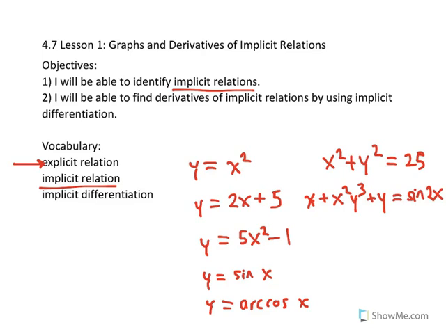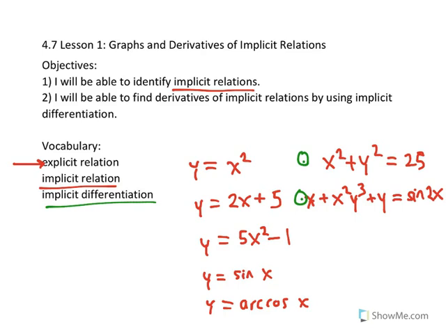So the question is, if you have an implicit relation, such as the two that we just wrote, and you want to find dy/dx, the derivative of y with respect to x, how would you do it? There is a procedure called implicit differentiation for finding dy/dx for implicit relations, and that's what we want to learn today.